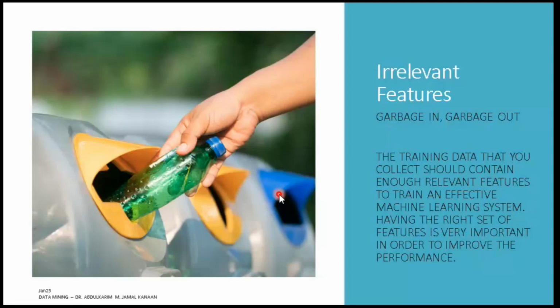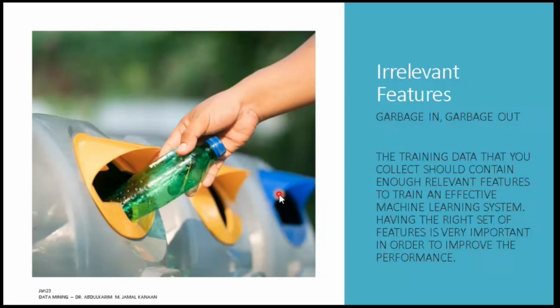Let's say the size of the key for the car: is it small, or a bit big? I'm just giving you something irrelevant, right? Everyone knows we don't care. If I tell you the car key length is more than 10 centimeters or less than 10 centimeters, it's irrelevant, correct? Most of the time, nobody cares.